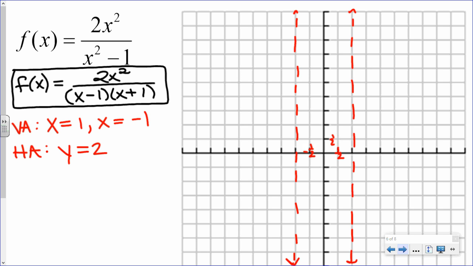Anybody give her an answer? I'm seeing some nods. Okay. And it's easier to look at this one up here, right? The degrees of the numerator and denominator are the same, so we're looking at those coefficients, 2 over 1. So I'm counting by 1/2, remember, so y equals 2 would be right here.